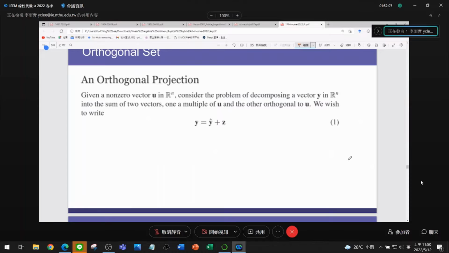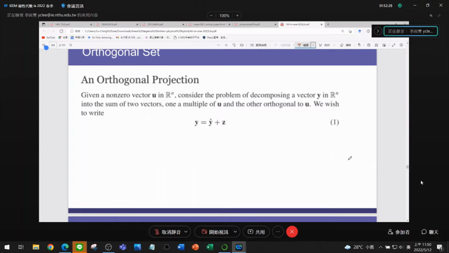We will consider the problem of decomposing a vector y in Rn into the sum of two vectors. One vector is a multiple of u, and the other vector is orthogonal to u.